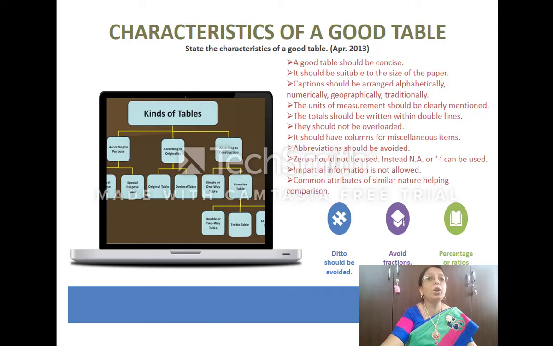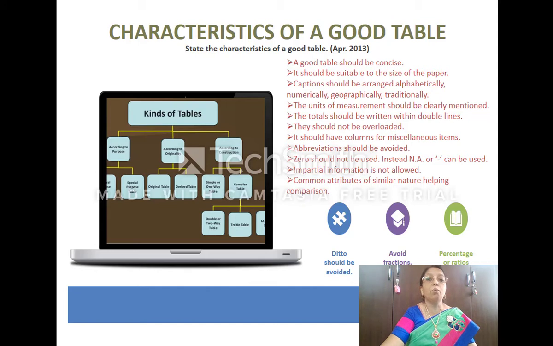A table should not be overloaded. There should be columns for miscellaneous items, for other items also. Abbreviations are to be avoided, and zero should be used instead of not applicable, because when we go in for our analysis, only when the value is there will you be able to do the calculation. So not applicable or hyphen, it's better you avoid those words, or ditto.